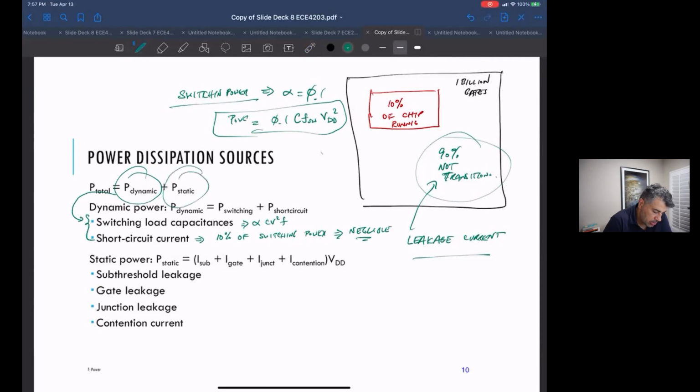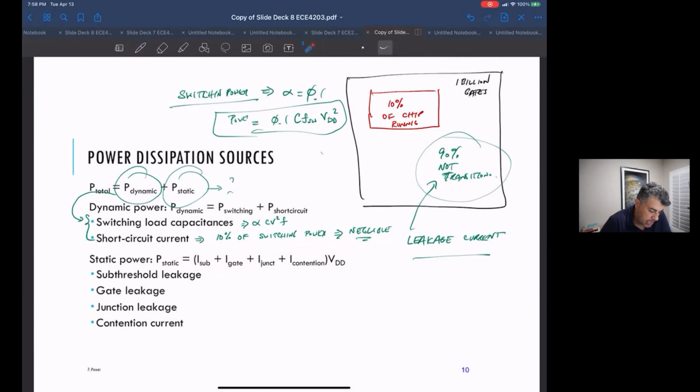Now, what are these components? Well, we've got all the leakage powers times the supply. Going back to our earlier lectures, we have subthreshold leakage, gate leakage, and junction leakage. So basically all the leakages times the supply.